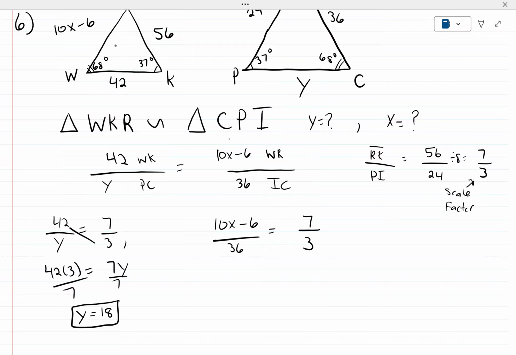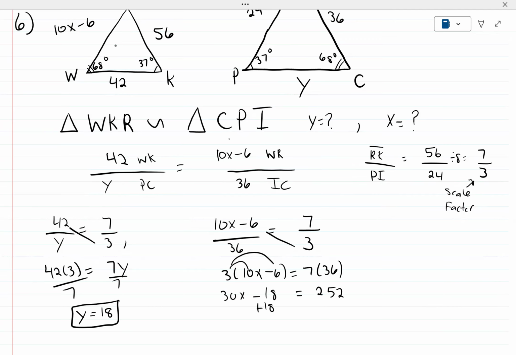Okay, same thing here. Go ahead and multiply this out. So it's 3 times 10x minus 6 equals 7 times 36. 7 times 36 is 252. And then 3 times 10x minus 6 is 30x minus 18.